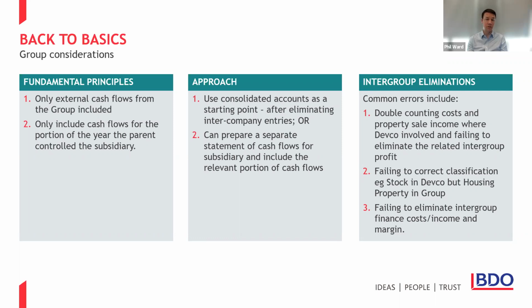So you might have an item that's stock in current assets in devco, but housing property in group. That can have implications not only for the accounts, but for the cash flow statement as well. And failing to eliminate intergroup finance costs and income and the related margin, for example, where you've got a finance vehicle for bond listings, etc.